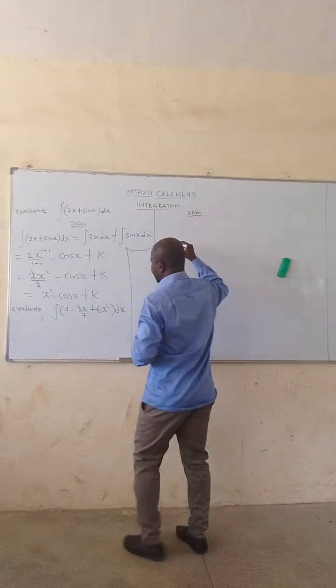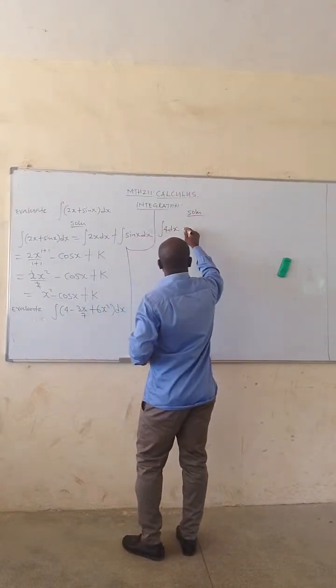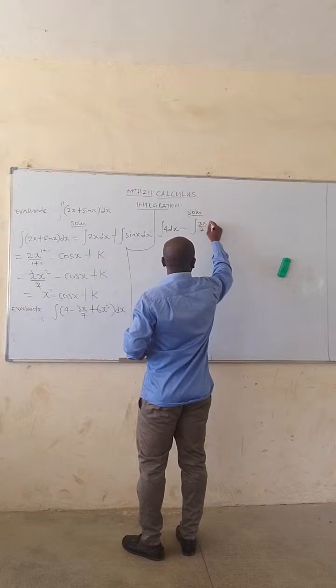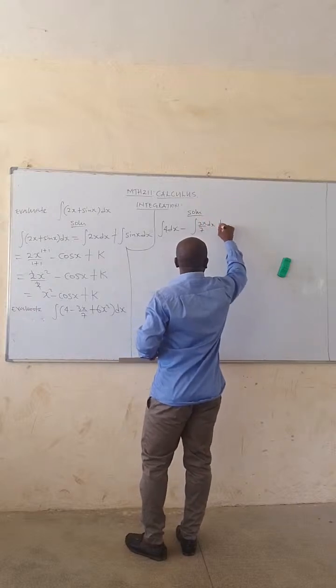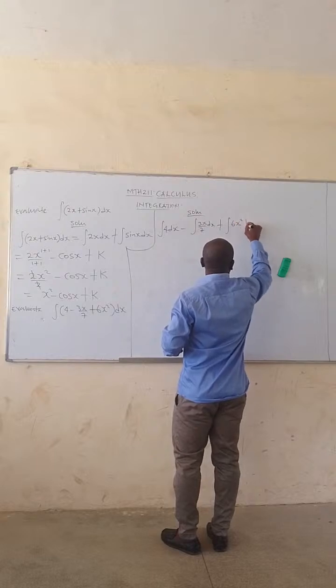This is the same thing as the integral of 4 dx, minus the integral of 3x all over 7 dx, plus the integral of 6x squared dx.